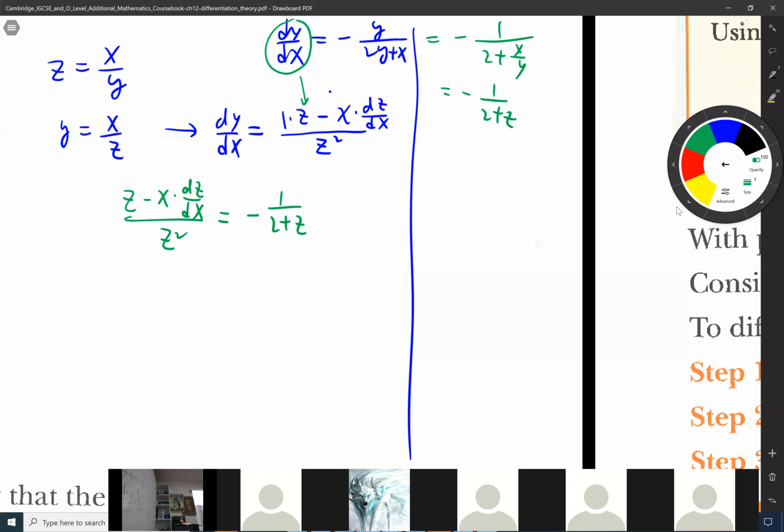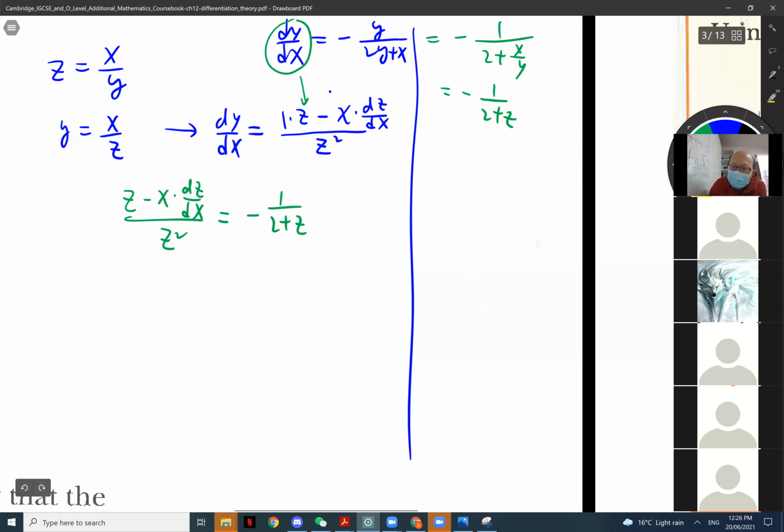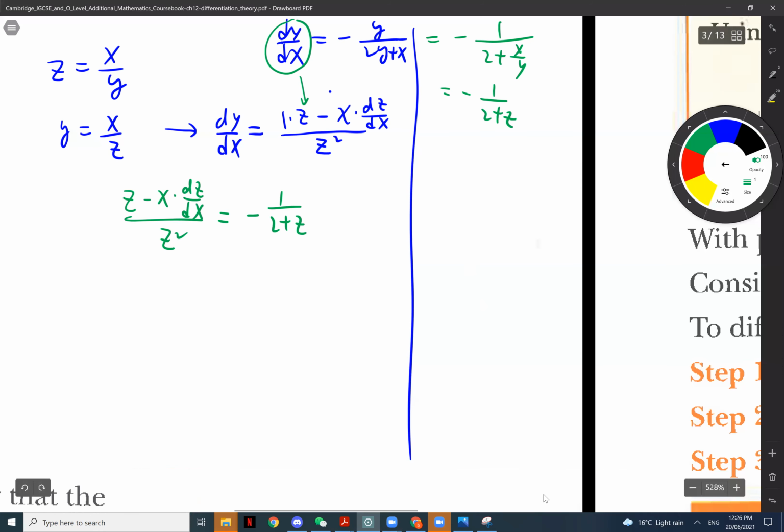Okay, make dz dx the subject. Yeah, we try to finish this question. Rearrange.